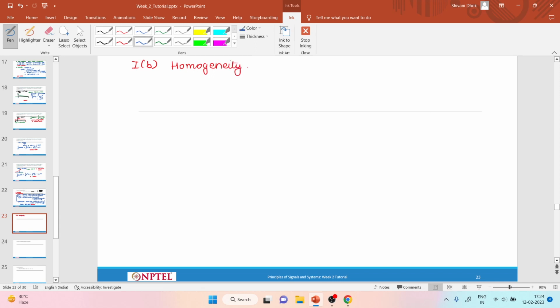So let us say that y1 of t is my output when I am scaling the input. So this is equal to c times x of t plus 3 into c times x of t minus t naught minus 2 times y1 of t minus t naught.